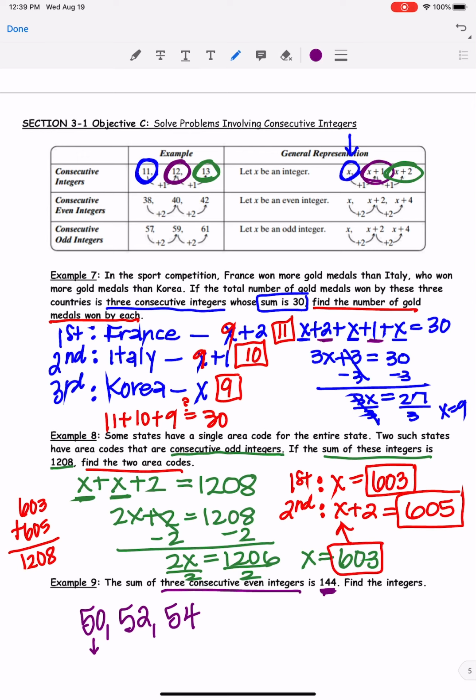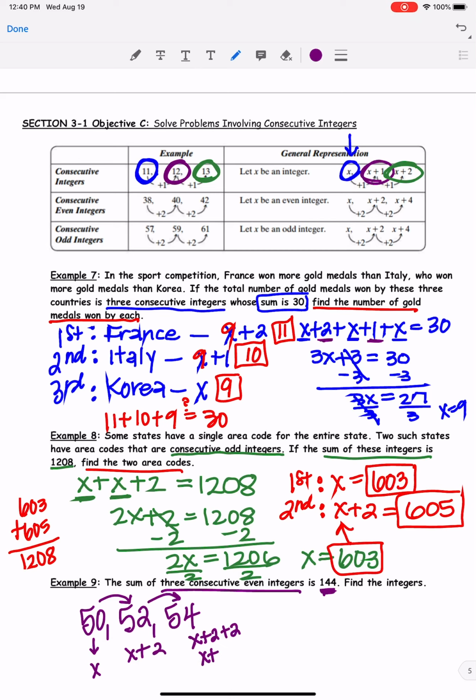My first one here is x. How do I go from 50 to 52? That is x plus 2. And how do we go from 52 to 54? Well, I take this same number, x plus 2, and I add 2 to it.